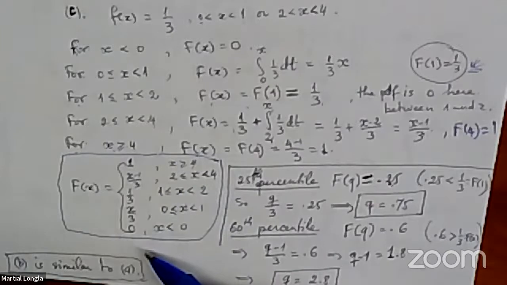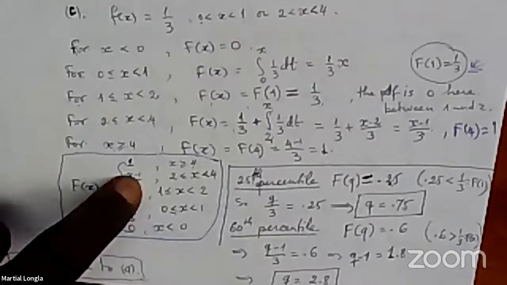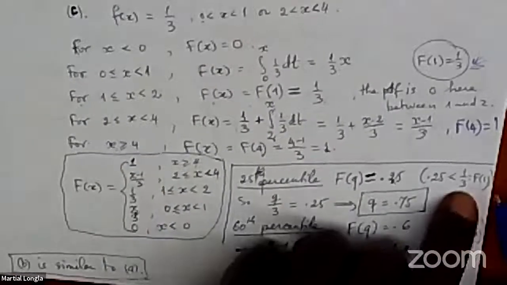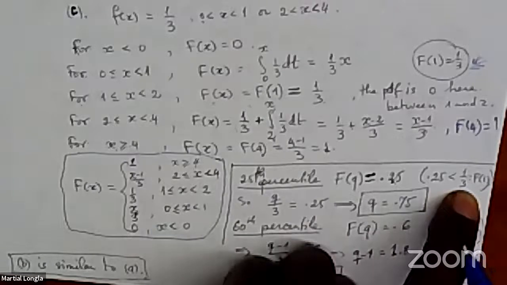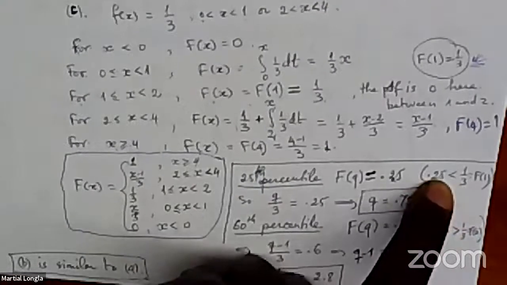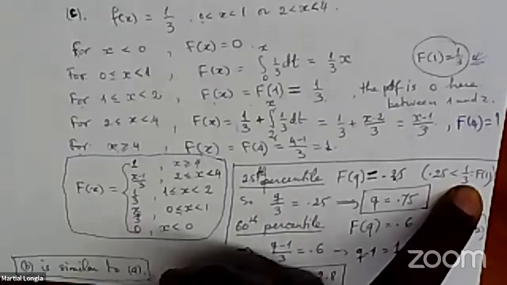Does that make sense? That's why I'm checking with f of 1 equal 1/3. 1/3 is 0.33, and this is 0.25. It's less than, which means that the point I'm looking for is definitely less than 1.